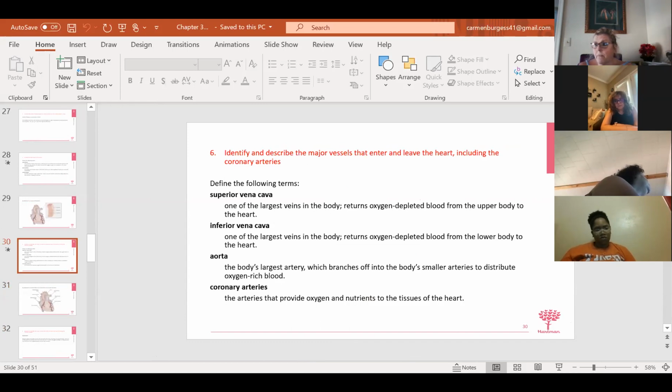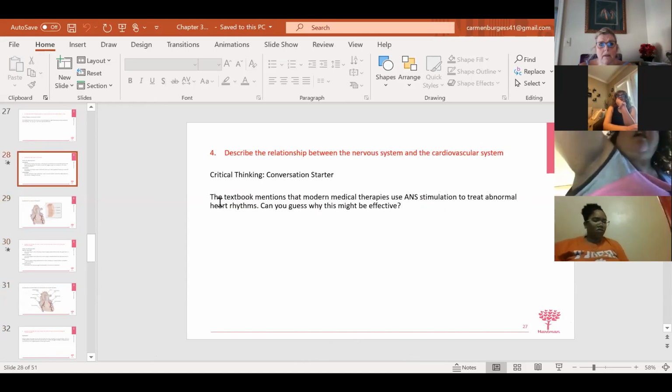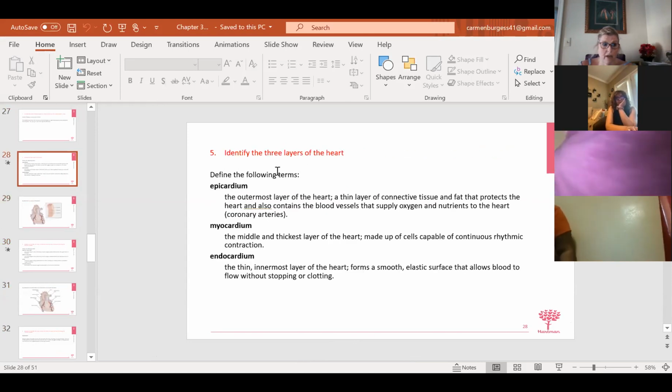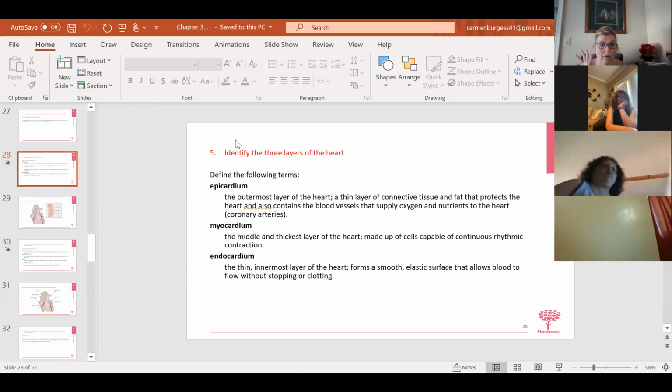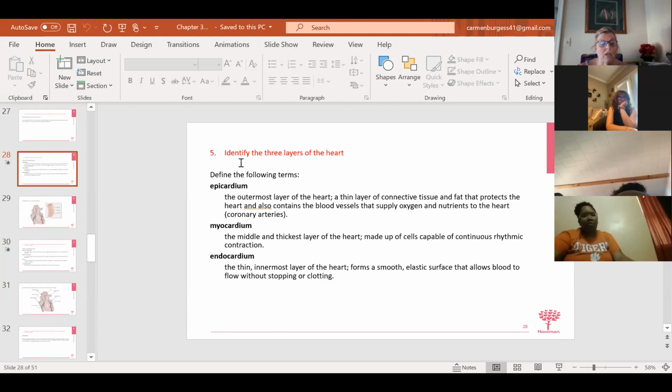Let's go back. Here's where we are, the layers of the heart. What do you need to know about that? There are 3 layers of the heart, and you have to know these 3. The outermost layer is thin and full of blood vessels, and that's where the coronary arteries are that provide your heart with nutrition and oxygen.